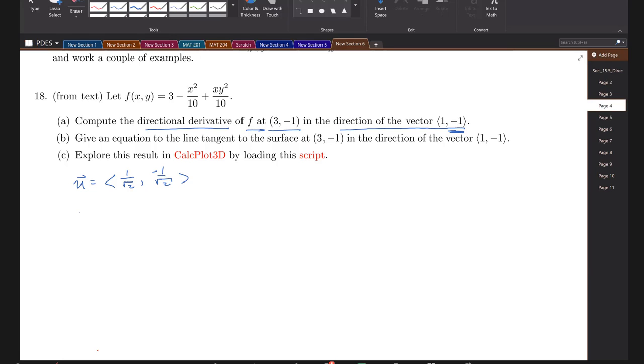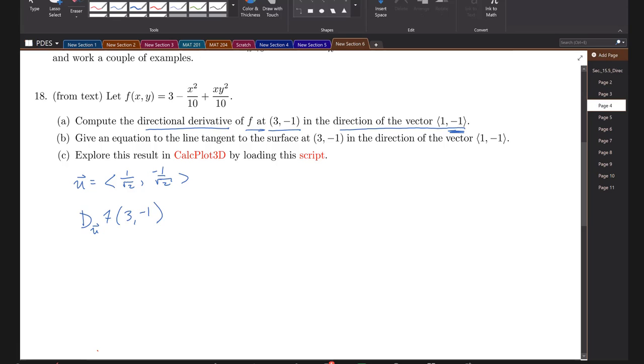So now let's compute the directional derivative in the direction of u of our function f at the point 3, negative 1. So if I lost you on what we did before, this is kind of the take-home point.